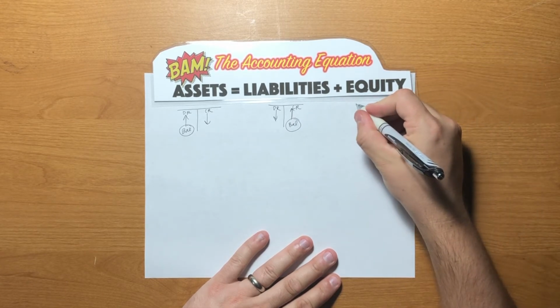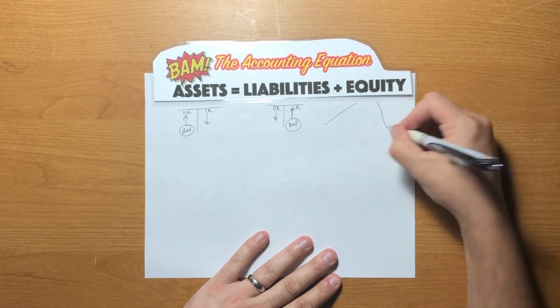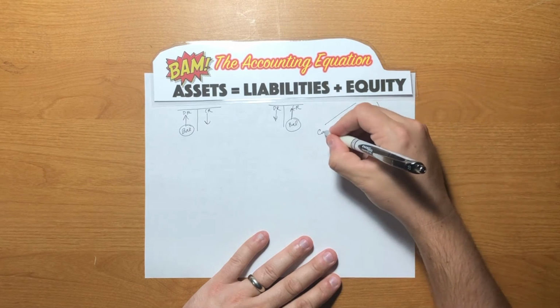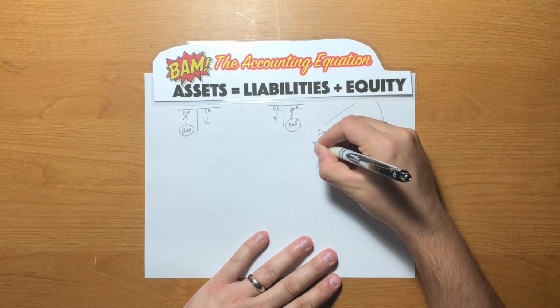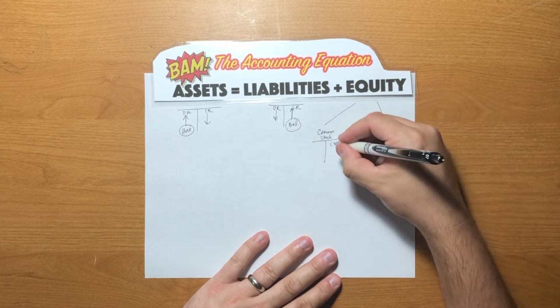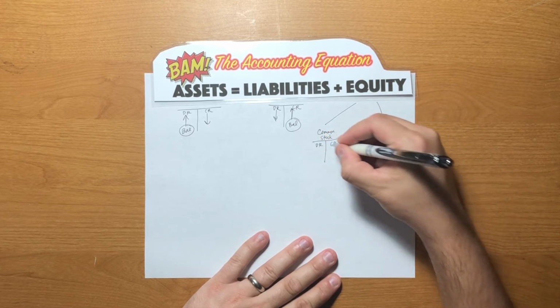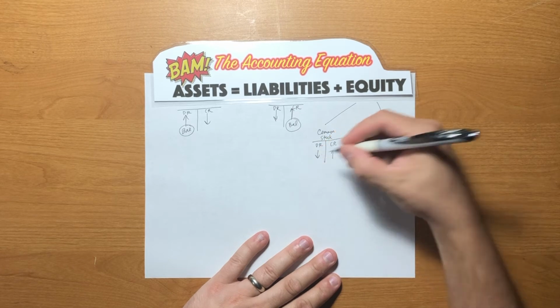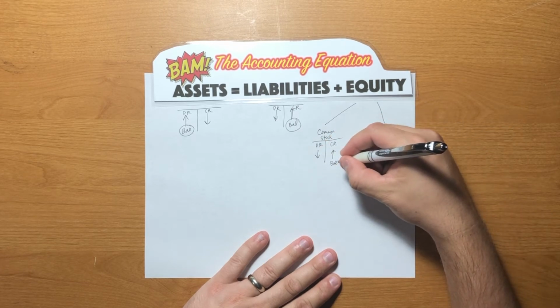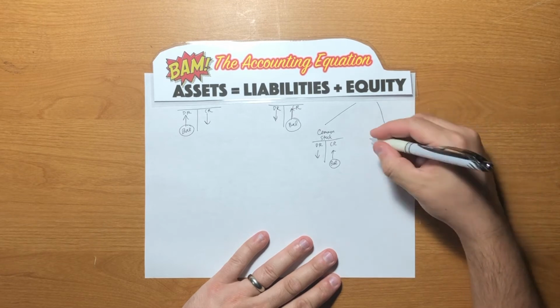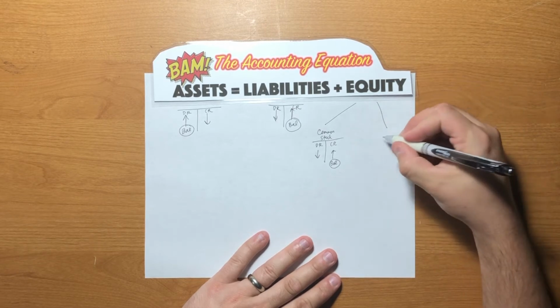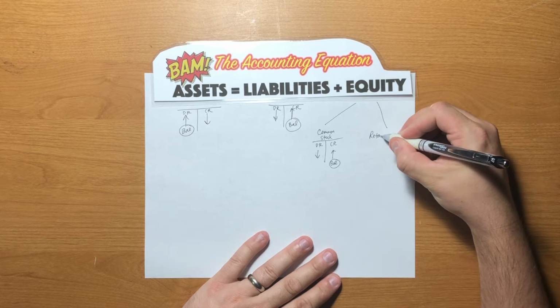Under equity, we actually have two things. We have common stock. Common stock represents the amount invested in the business by the owners, and it is a credit account as well. The other piece of equity is retained earnings.